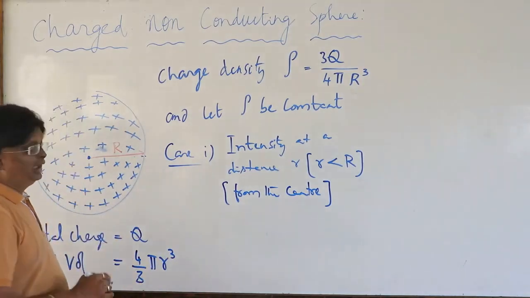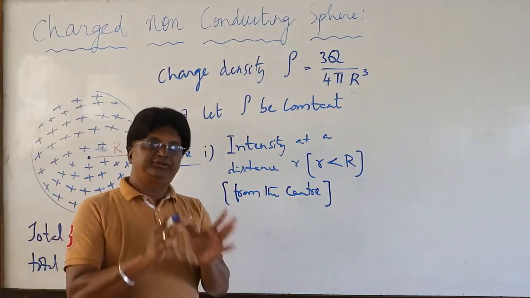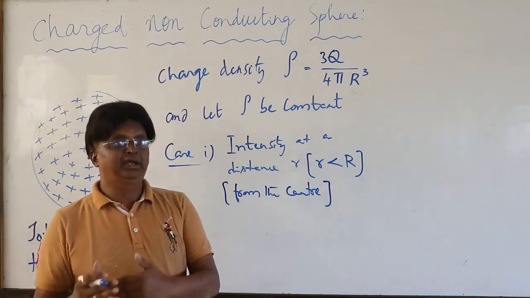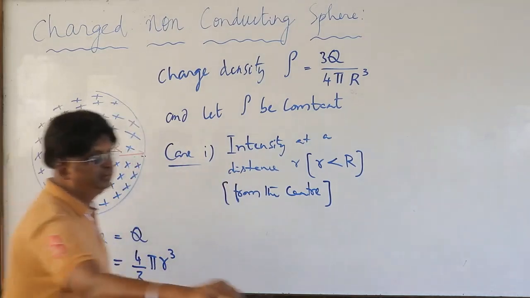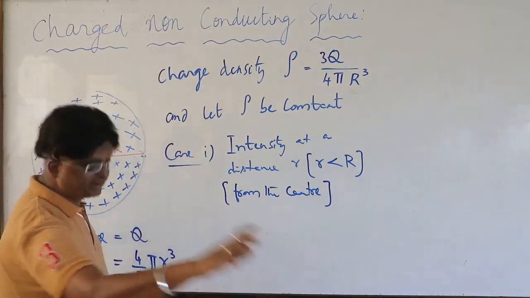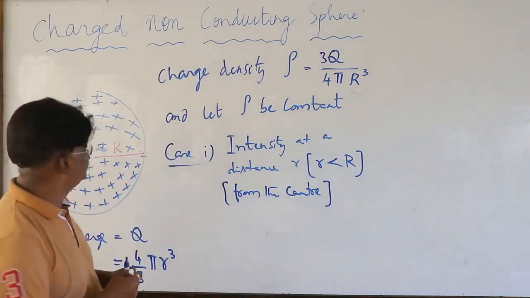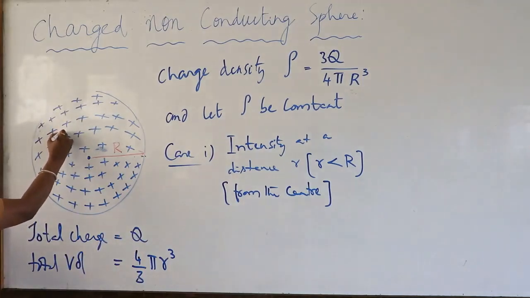As I have told you, when we are doing the separate cases, let us draw the figure separately and show it. I will be using some green or red color if it is visible to you. Now this is the point of observation.